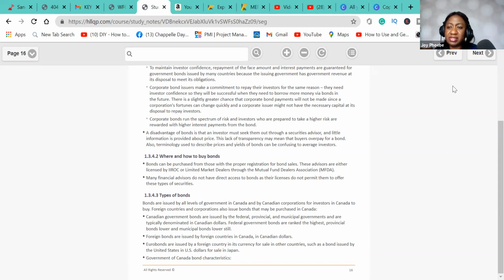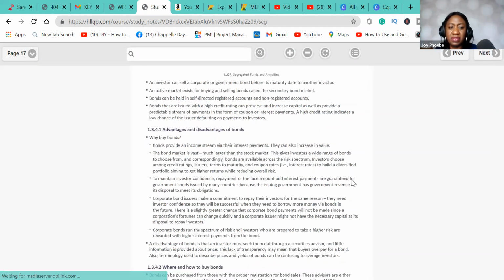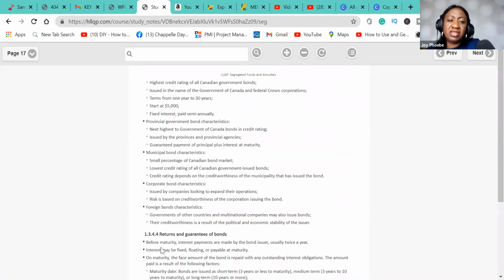Let's look at the characteristics of Canadian government bonds. The characteristics of Canadian government bonds is high credit ratings, of course. It's the government of Canada now. So the credit ratings are very high. So people have more confidence in lending their money to the Canadian government, right? It's issued in the name of the government of Canada and federal crown corporations.